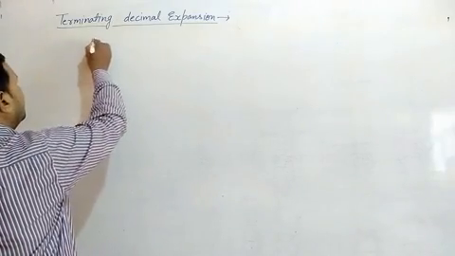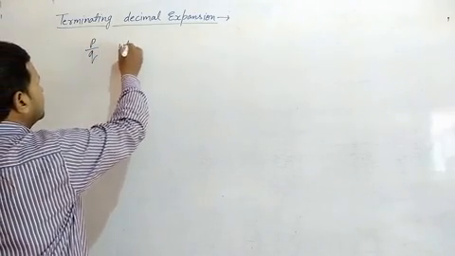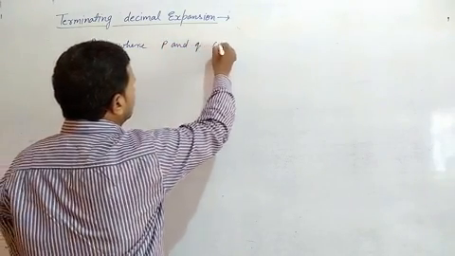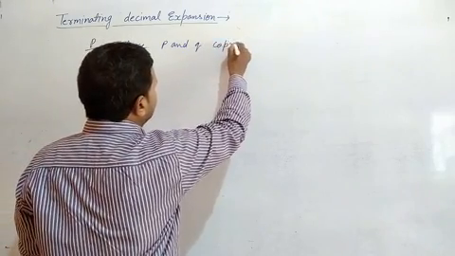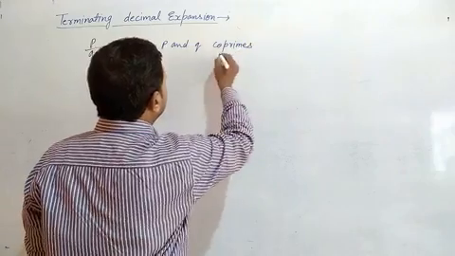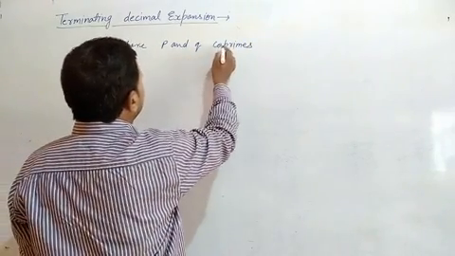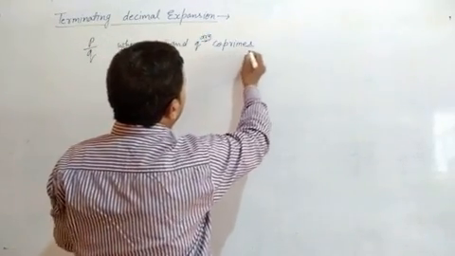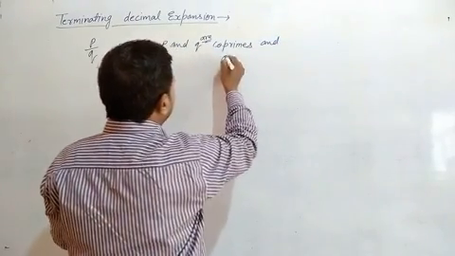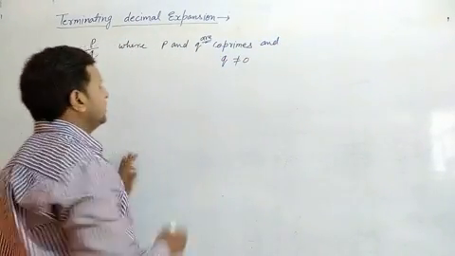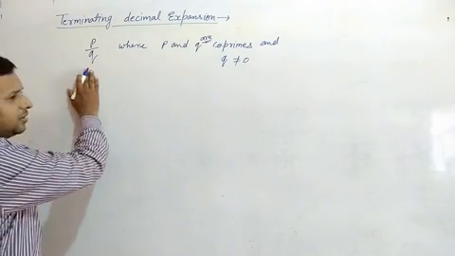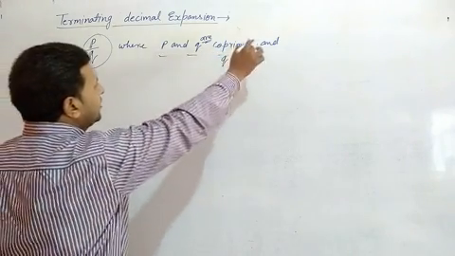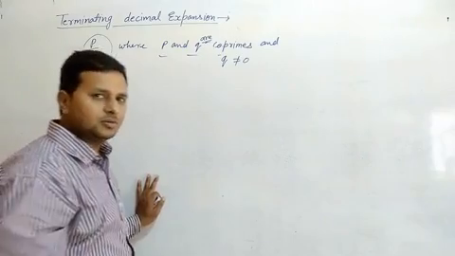Suppose that in the form of P upon Q, where P and Q both are co-prime numbers, and Q does not equal to 0, means if a rational number is given in the form of P upon Q where P and Q are co-primes and Q does not equal to 0.